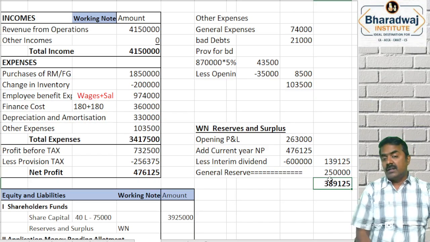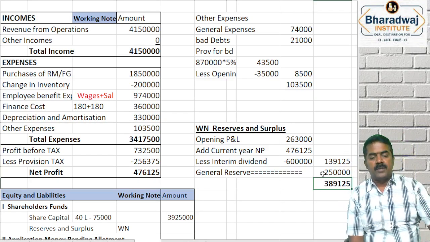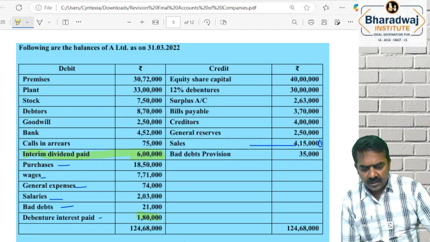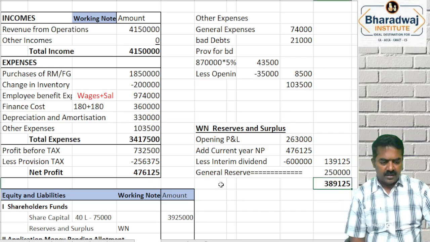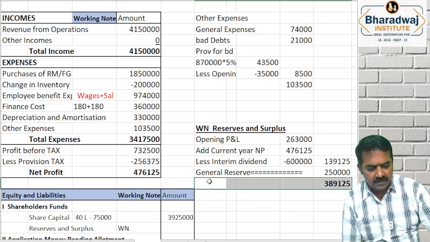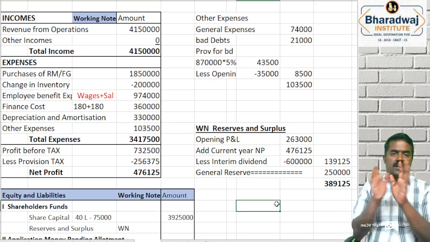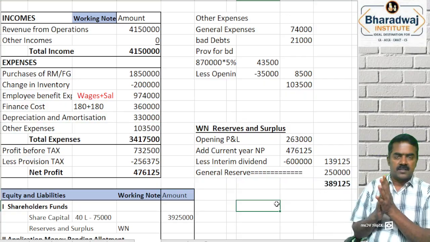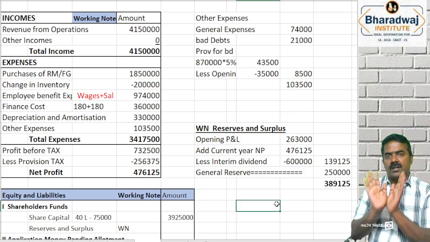One more thing not covered in these questions: if preliminary expenses are given and nothing is said in the question, charge the full preliminary expenses in P&L account as other expense.